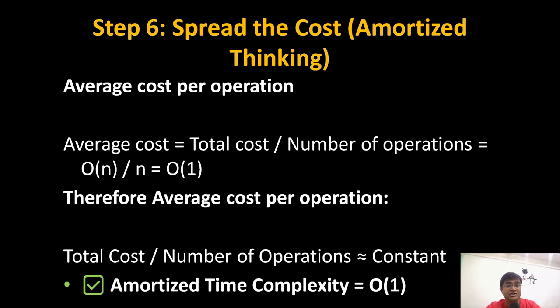The average cost per operation is the total cost divided by the number of operations. Our total cost was O(n) and the number of operations was n, so that is equal to O(1). Therefore the average cost per operation is nearly a constant value, and that's why the amortized time complexity is O(1). That is a key point in the interview.